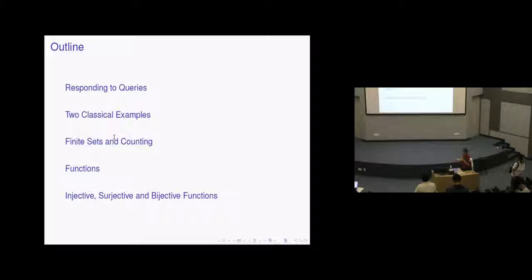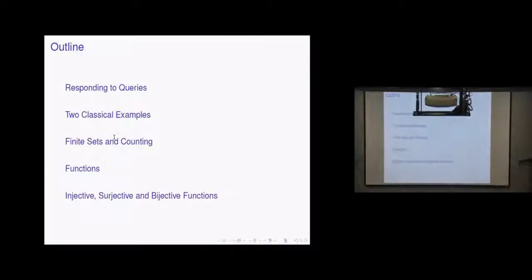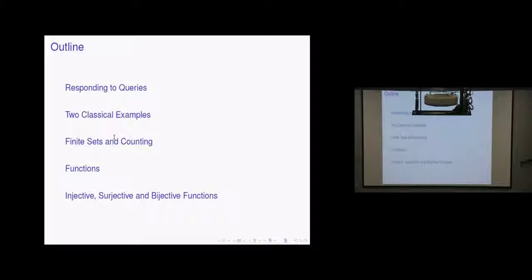And then the last part is about functions and some properties of functions. I believe the last part should be a revision. I will need it in the next topic, which is about infinity. So I want to make sure that we are at the same level. Okay, so these are the plans.